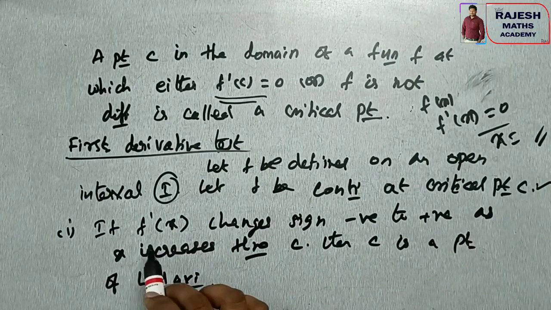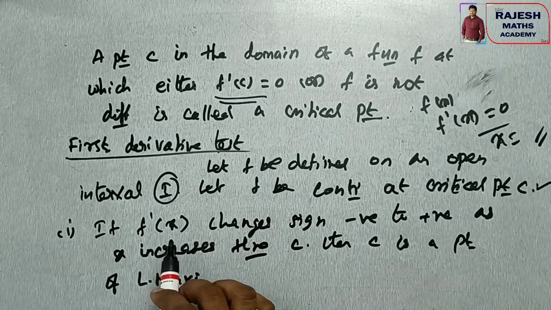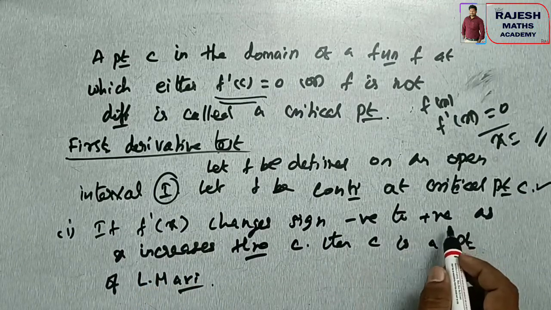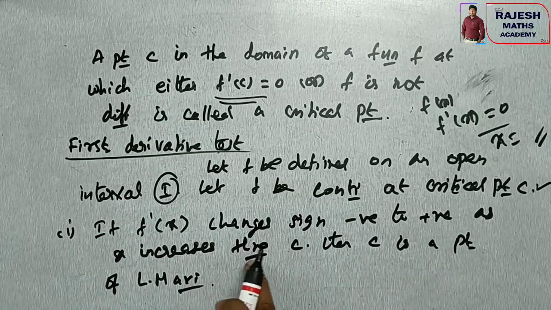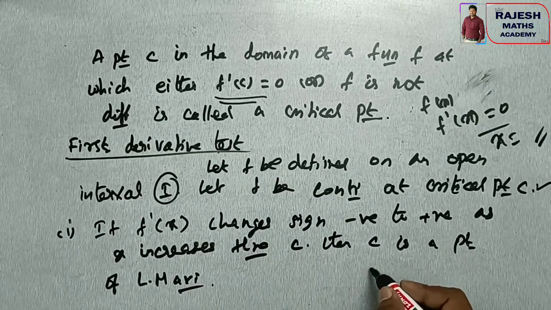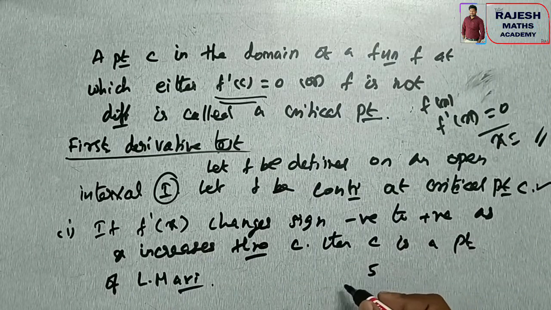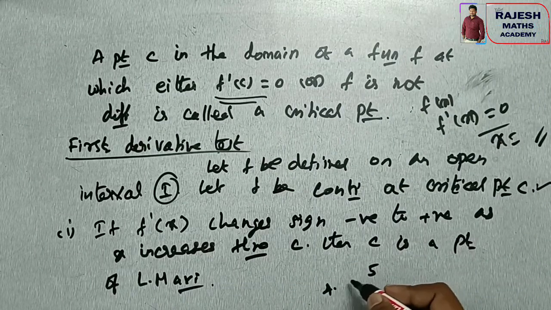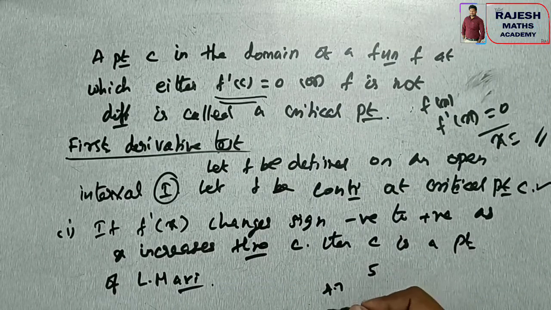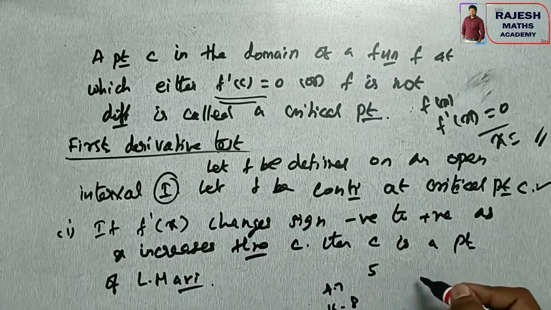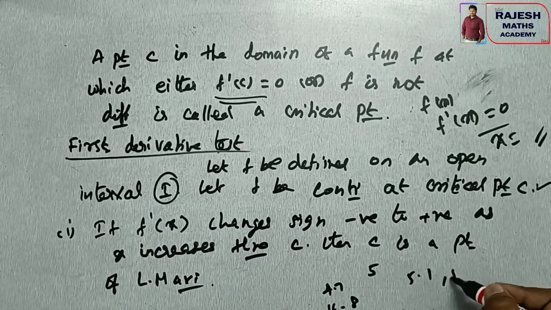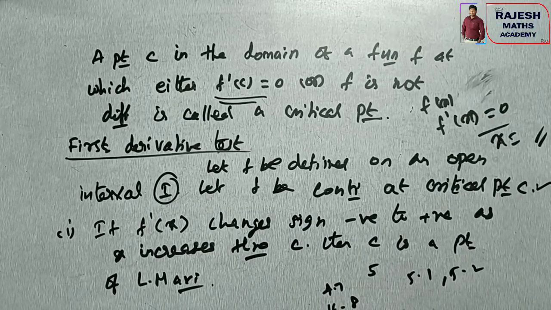Then the first case: if f dash of x changes sign from negative to positive as x increases through C. For example, if 5 is the critical point, the left side points are 4.7, 4.8 and so on, and the right side points are 5.1, 5.2 and so on. Now I am finding the f dash of x value.